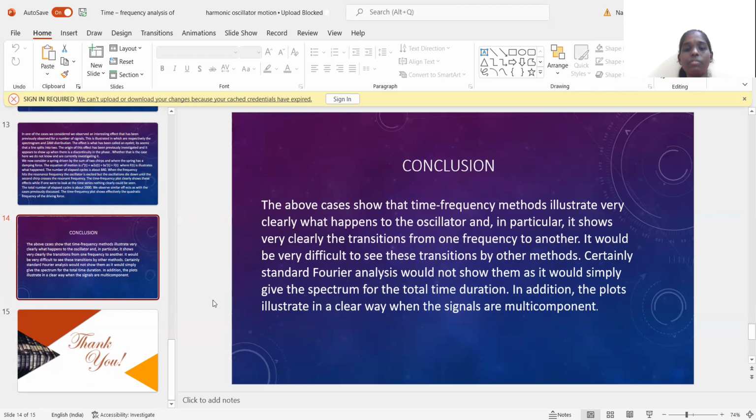Certainly standard Fourier analysis would not show them, as it would simply give the spectrum for the total time duration. In addition, the plots illustrate in a clear way when the signals are multi-component.